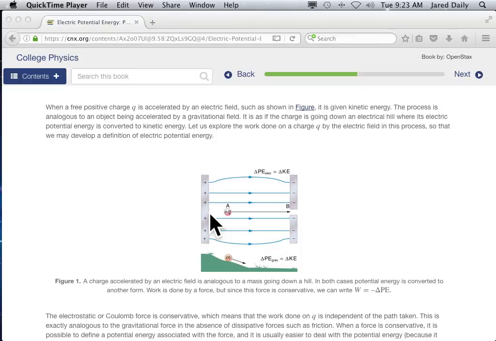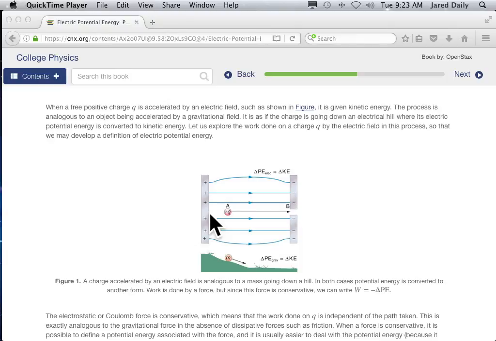There's a little hole in the plate that allows it to shoot out. This turns out to be an accelerator that accelerates positive charges right out of this thing. And once it gets close to point B, it will leave the electric field and it won't be accelerated anymore, but it will be going as fast as it can be going. So when that positive charge Q is close to point B, its kinetic energy is biggest and its potential energy is smallest, right? And it's just the opposite at point A.